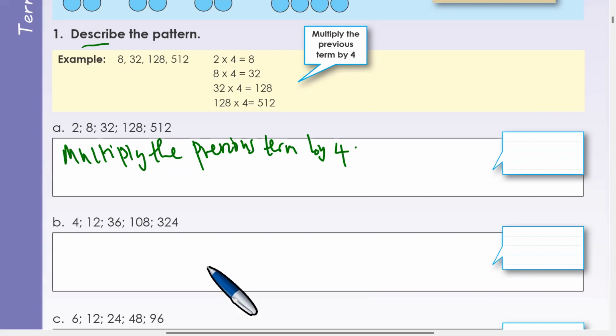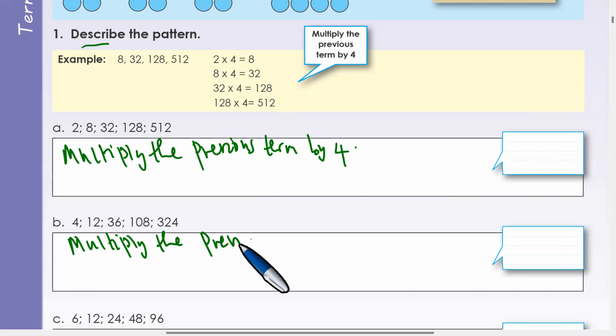So do you multiply by 3? Well done, multiply by 3. So here we say you actually multiply the previous term by 3.